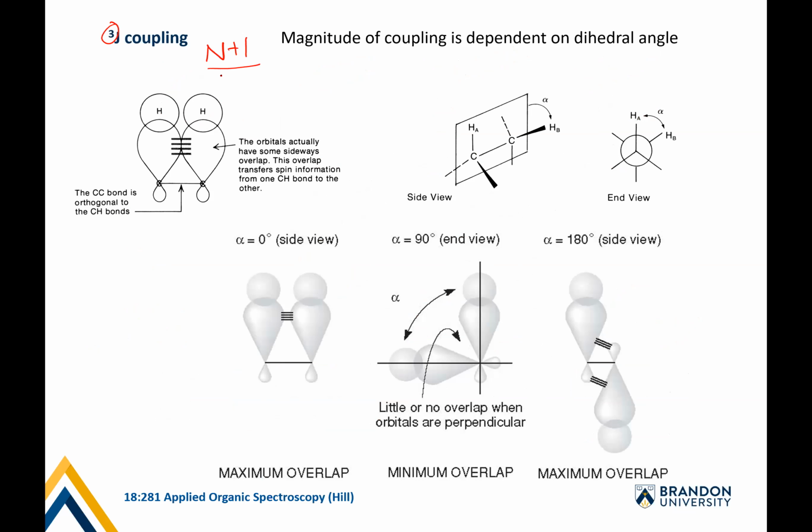If we draw a Newman projection of our two coupling protons, we find that there are maximums when the two protons are anti to one another. This is what that would look like, 180 degrees. So anti is a maximum, and the other maximum is when they are straight up eclipsing one another.